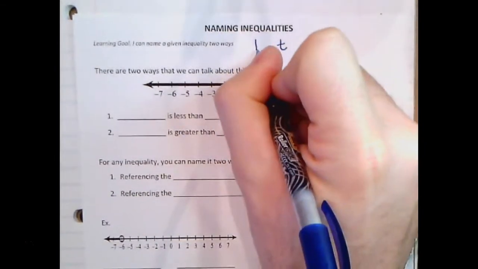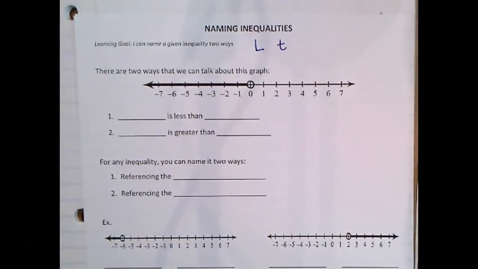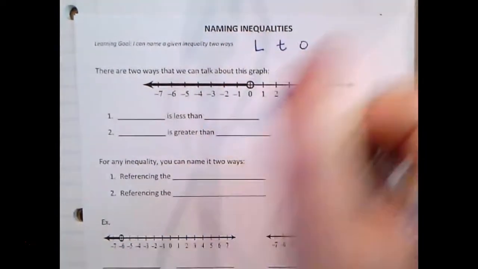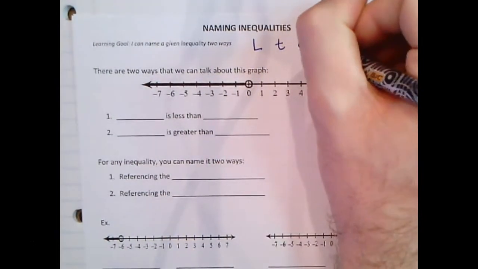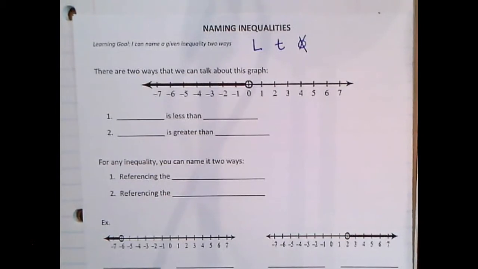If you're going to use an L, make it a capital L. Usually we stay away from O's because O's also look like zeros, so I would avoid that at all costs.